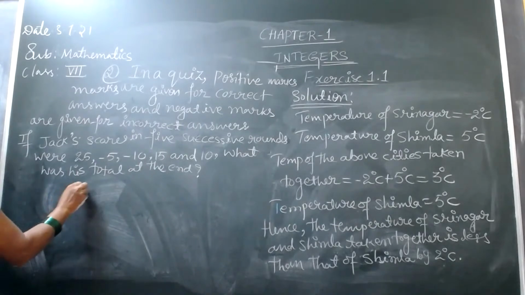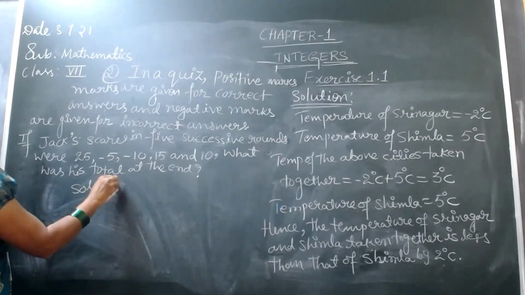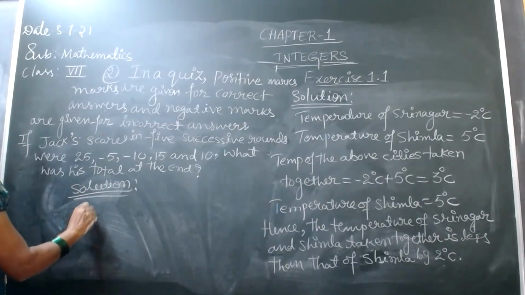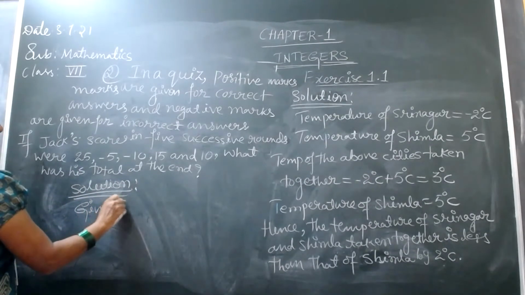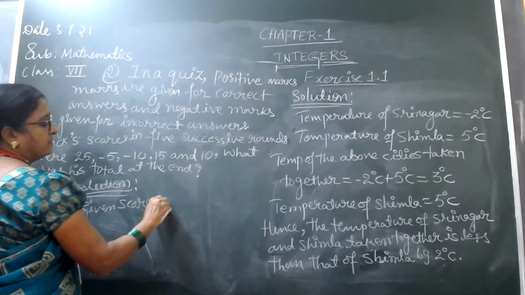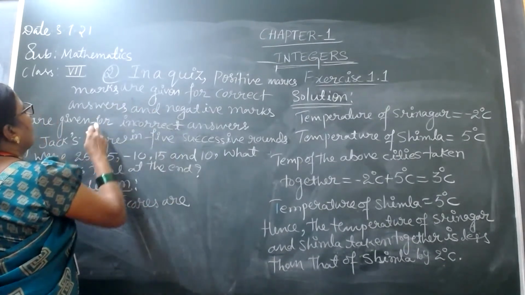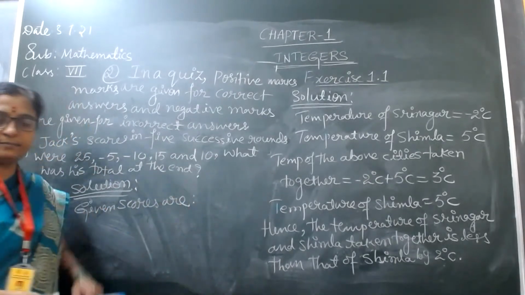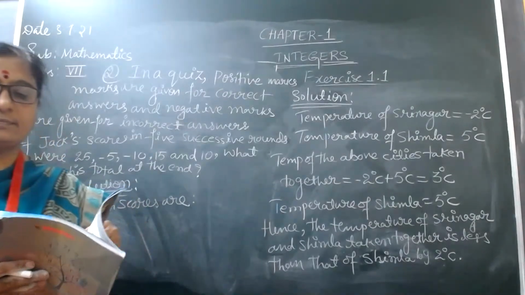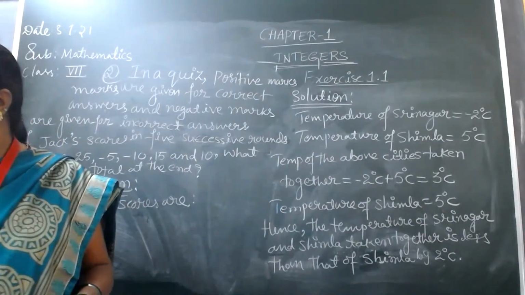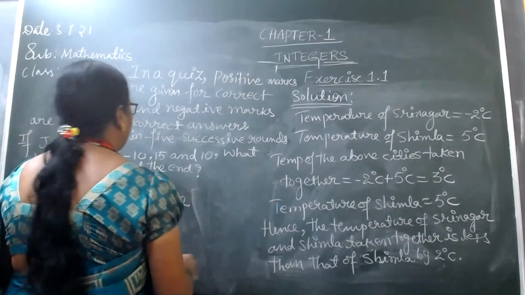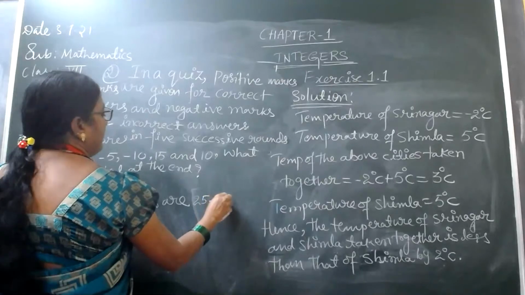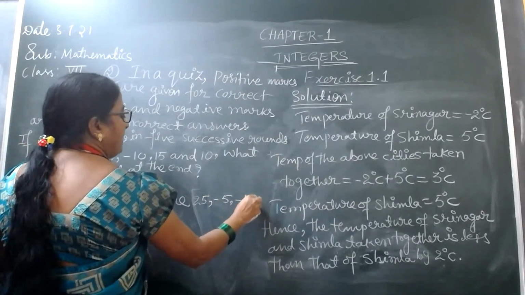I'm writing here solution for question 2. Given scores are 25, minus 5, minus 10.